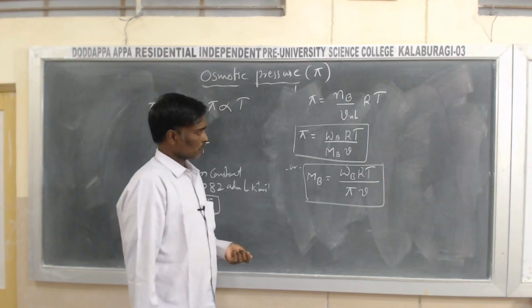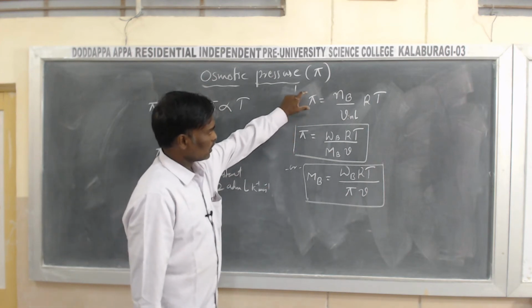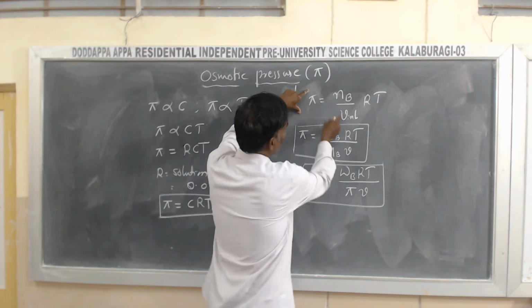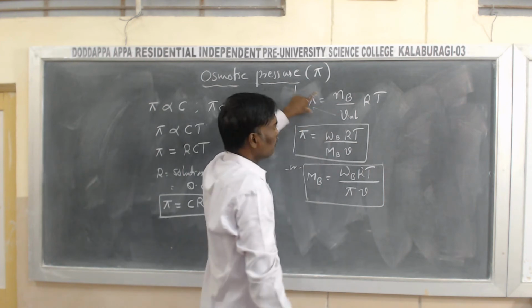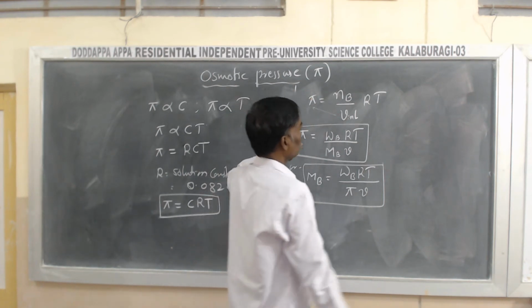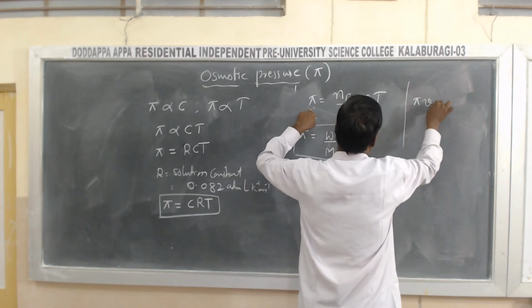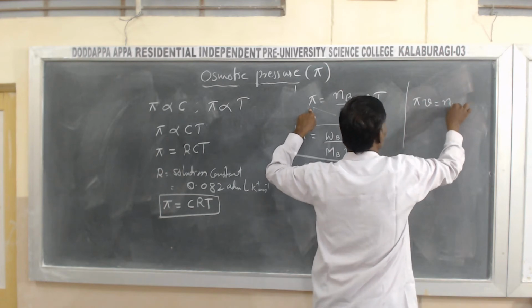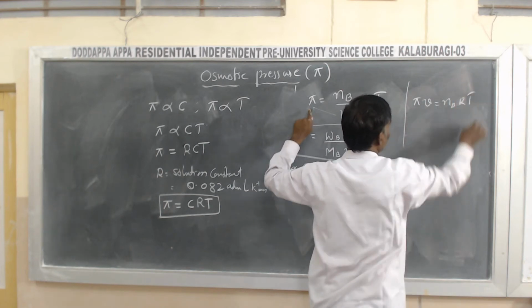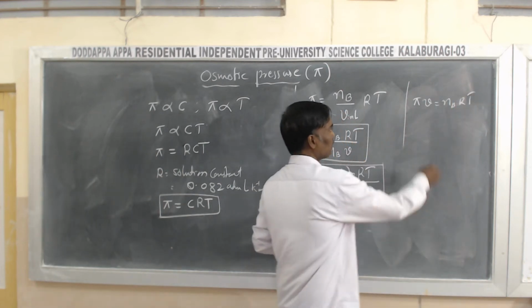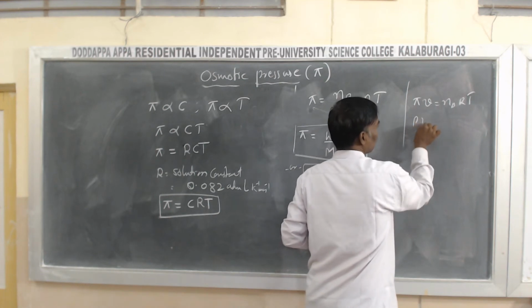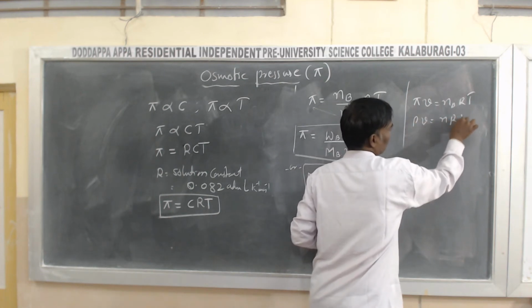Now students, just look at this equation. If I cross multiply V to the left hand side, it looks like pi into V is equal to NB into R into T. This equation is exactly the same as PV equal to nRT.